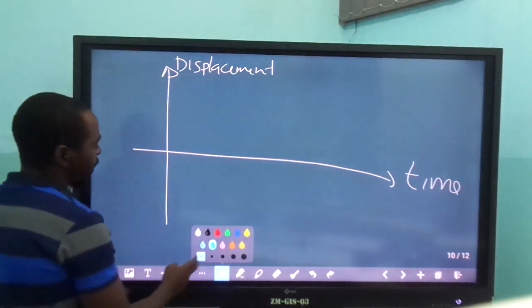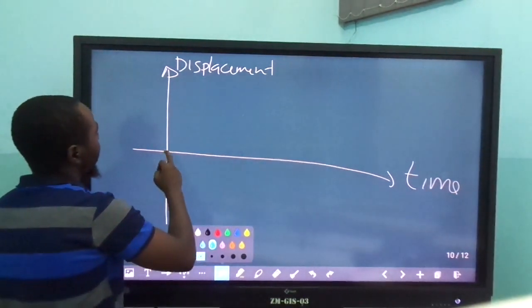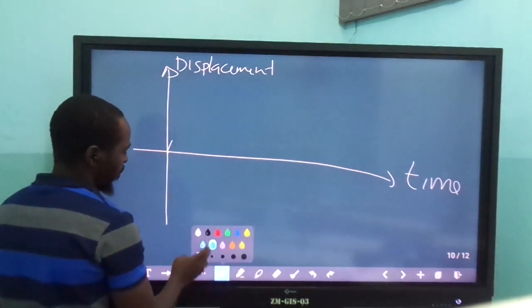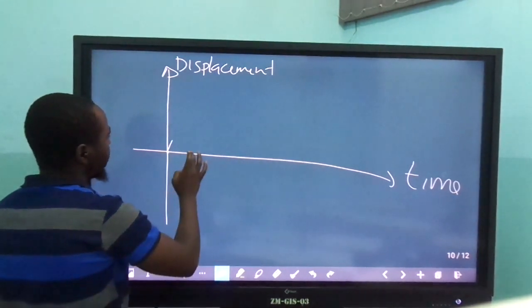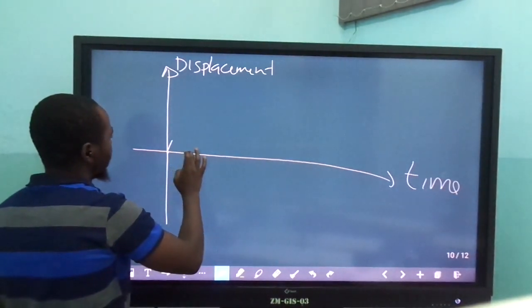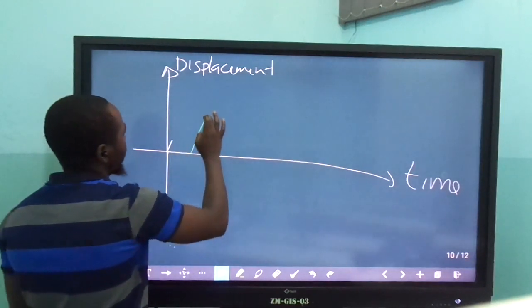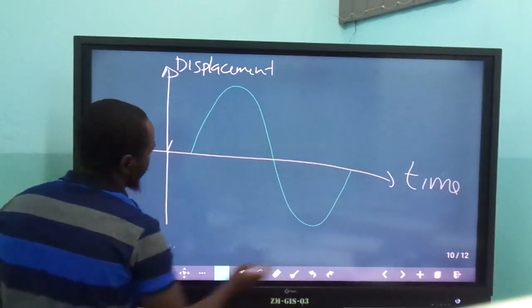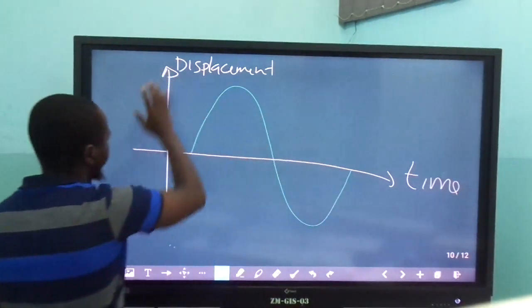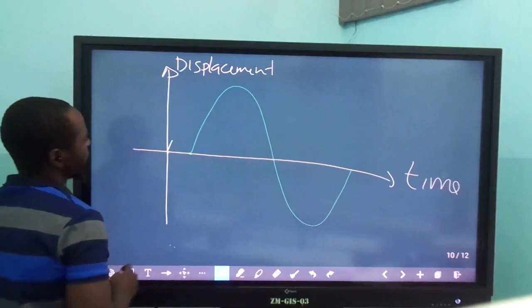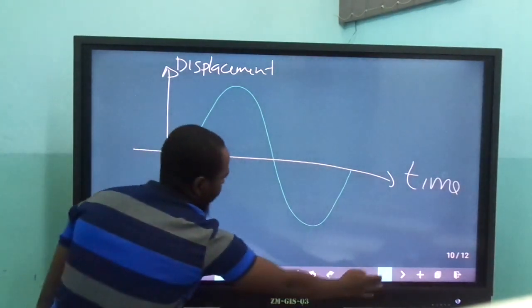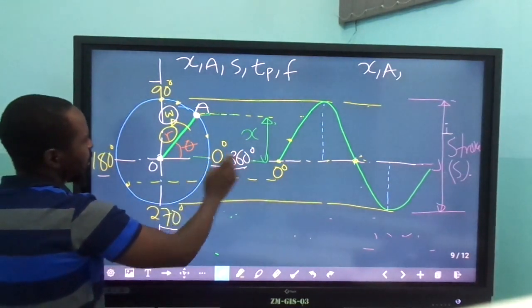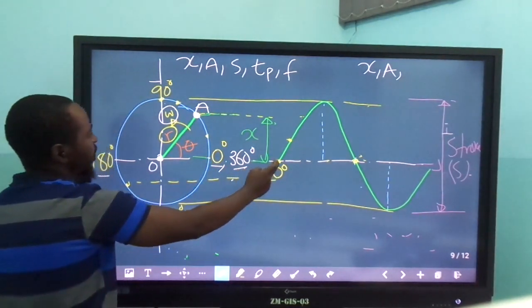So when that rod is at 0 degrees, so this is time. When point A is at 0 degrees, it is along the mean.